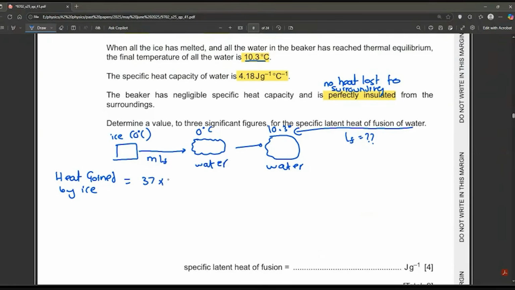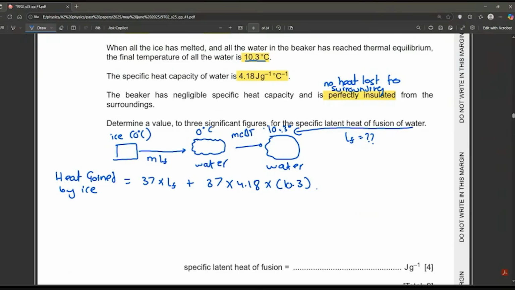Then here you have a temperature change. Whenever there is a temperature change, which formula do you use? mc delta t. What is the mass? 37. What is the specific heat capacity of water? 4.18 multiplied by the change in temperature, final minus initial, that is 10.3.